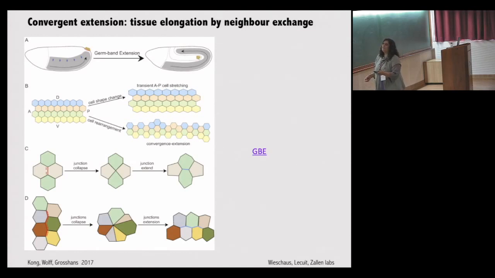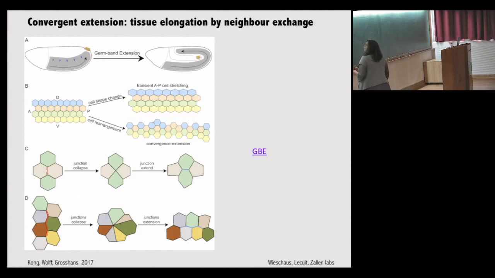So if I have a field of cells that looks like this, I'll need to say that all interfaces that are oriented along this axis, which is the dorsoventral axis of the embryo, the same axis we discussed in this example, all the interfaces between cells that are oriented along this axis need to shrink, and then after they've shrunk, they need to grow back along the AP axis.